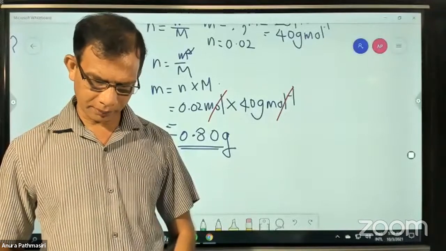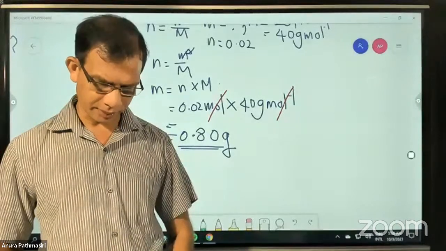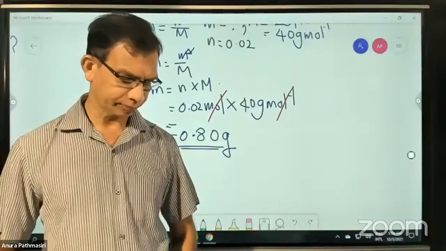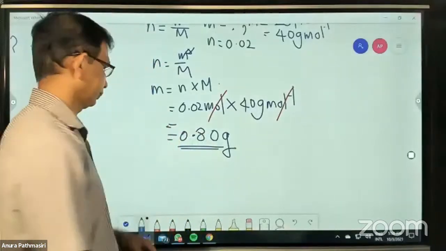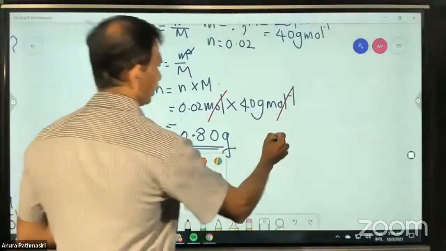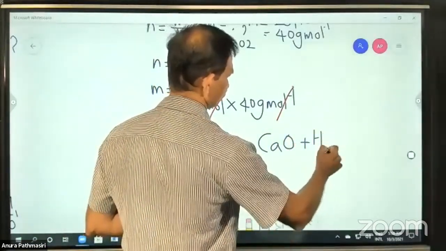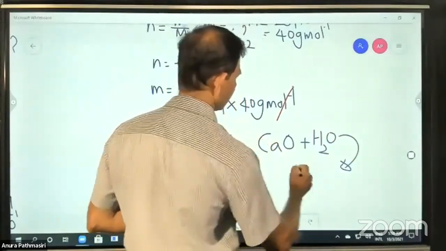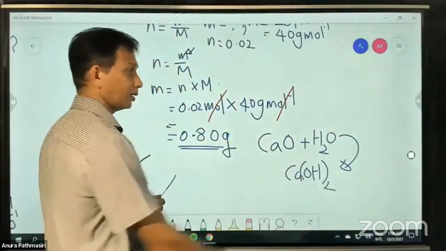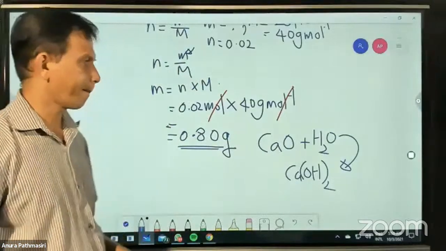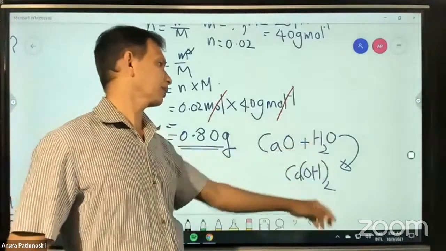The decomposition of calcium carbonate should be an endothermic reaction. The decomposition of a compound into other simpler compounds or elements is a decomposition reaction. I got confused with this one: calcium oxide with water gives calcium hydroxide. Is this endothermic or exothermic?